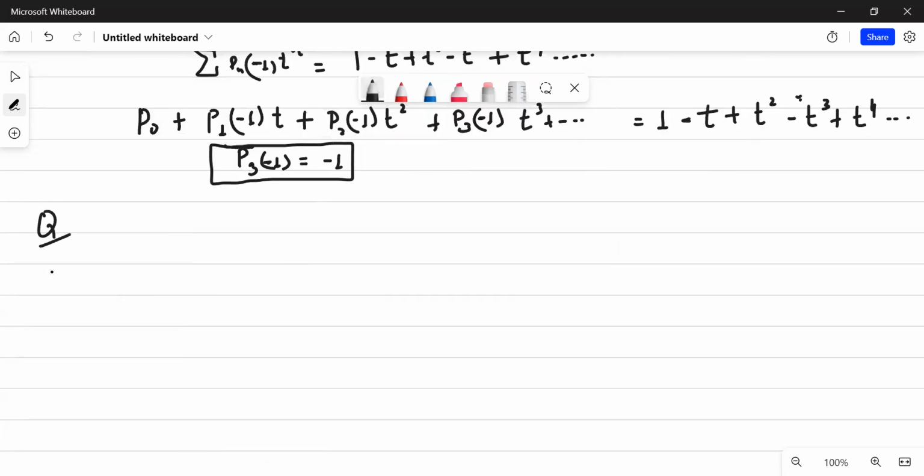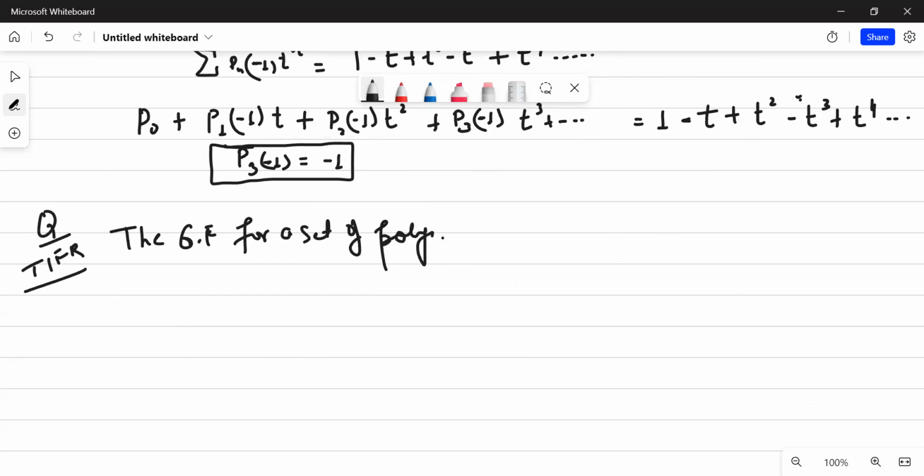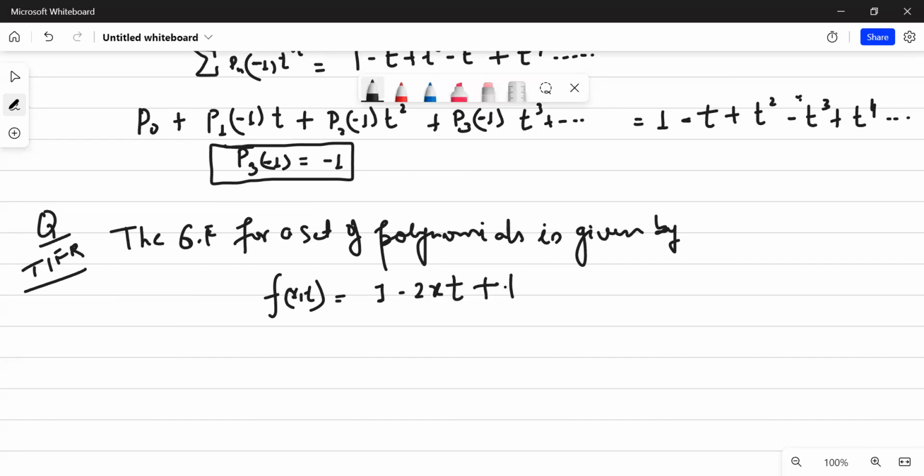Now there is a question which was asked in TIFR. However, it is not related to Legendre polynomials, but the question says that the generating function for a set of polynomials is given by f(x, t) equal to (1 minus 2xt plus t square) raised to power minus 1.